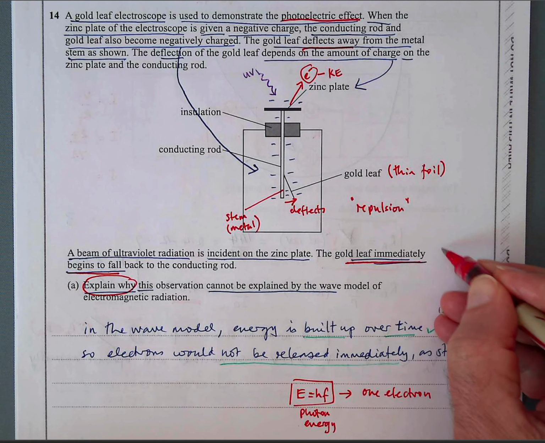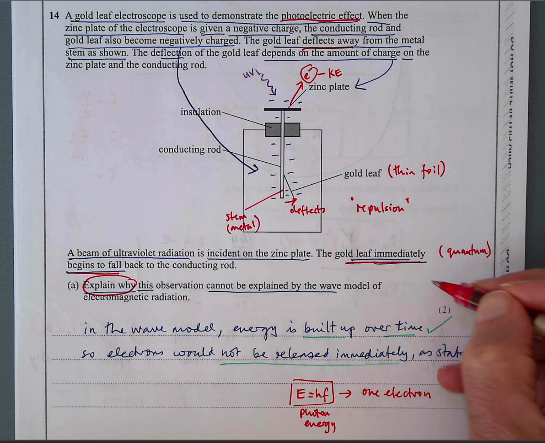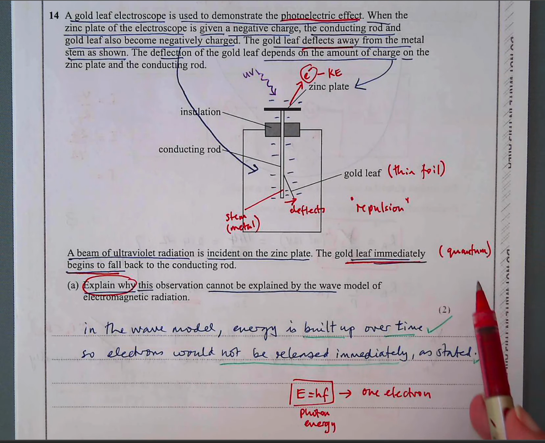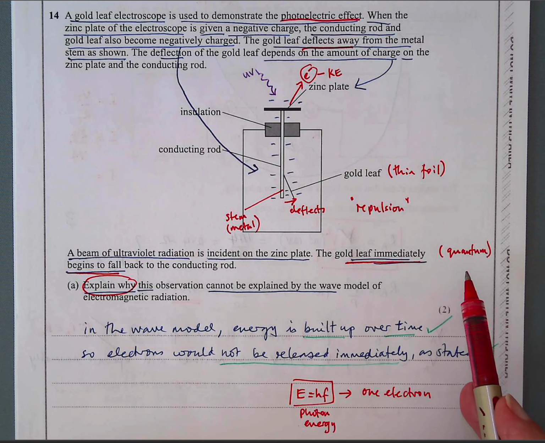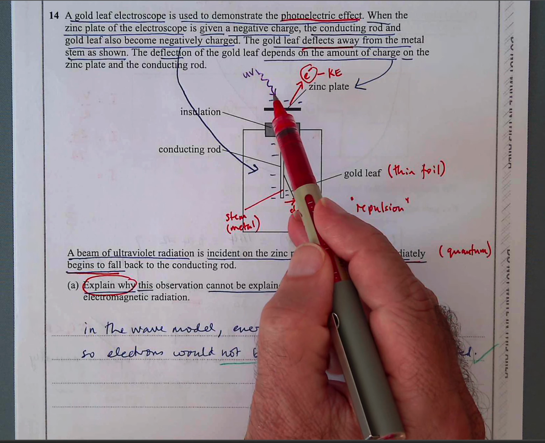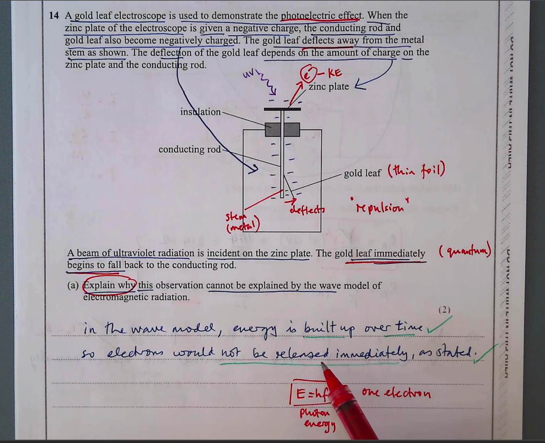When it's immediate, there's a quantum effect, and quantum comes in packages of certain sizes, quanta. In the photoelectric effect, the photons come in, as shown here by this arrow with a wave on it, and they give up all their energy to the electrons. By doing that, it's an immediate effect.